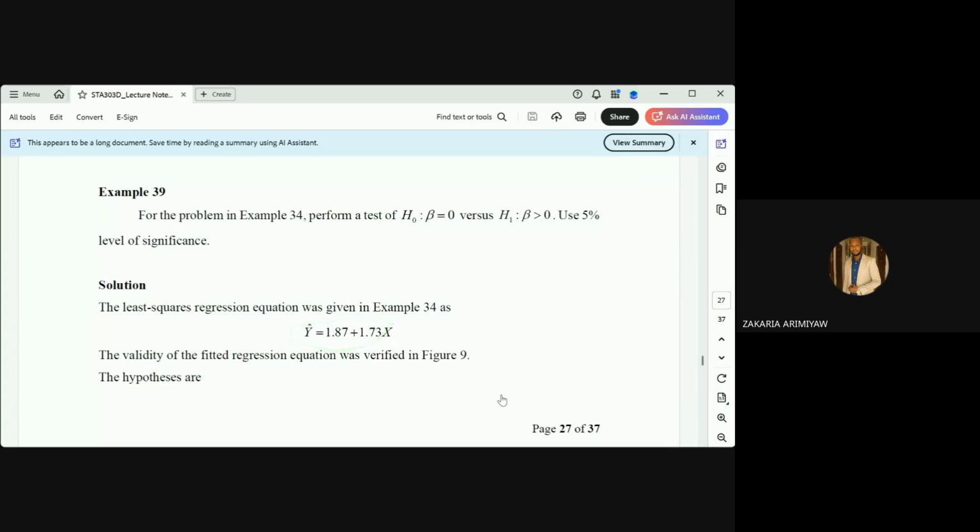Okay, so let's look at the rest of the steps. As far as the hypotheses are concerned, we have already indicated this in the problem. We are testing H naught: beta is equal to 0, against H1: beta is greater than 0.